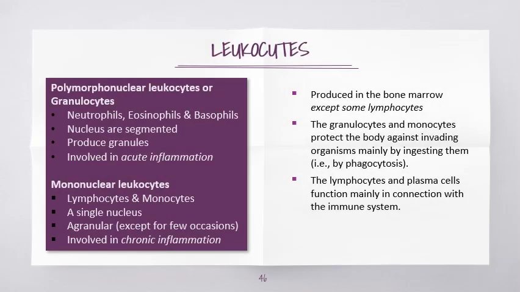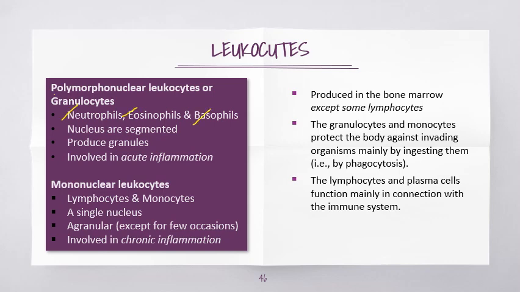So now we focus on the granulocytes and mononuclear leukocytes. Again, there are different types of leukocytes. When you say polymorphonuclear leukocytes, we are talking about the neutrophils, eosinophils, and basophils.